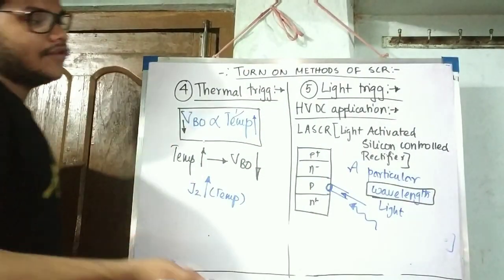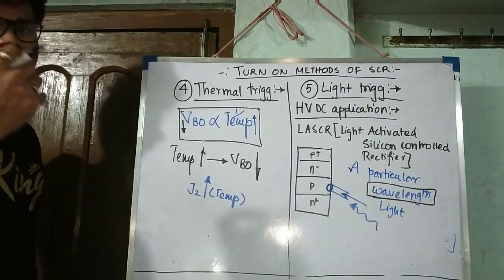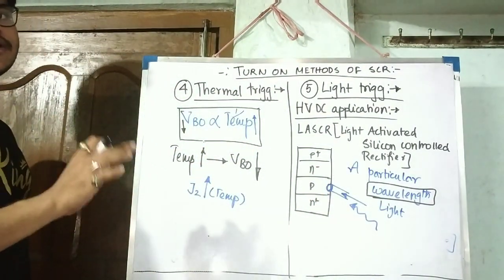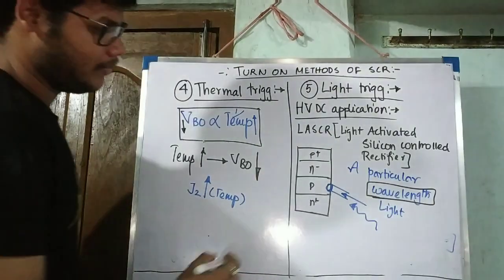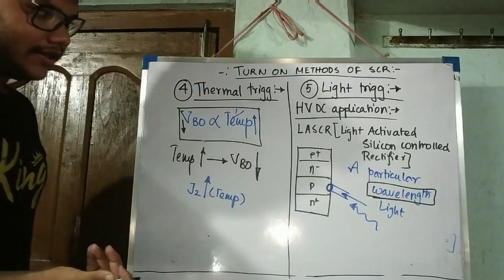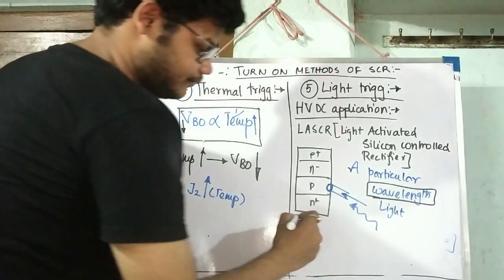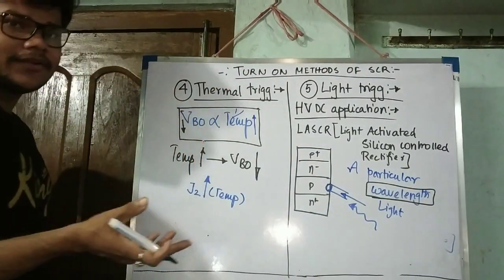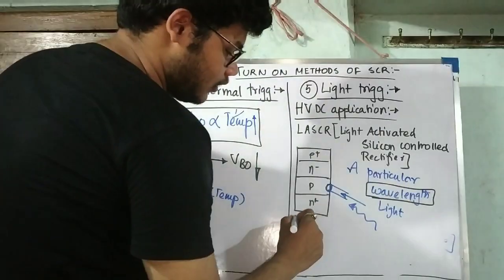So if you apply light of a particular wavelength, this device is triggered just like your gate terminal is triggered. Okay? And sometimes we apply both gate current and light of a particular wavelength, so that the required intensity of the light is low.